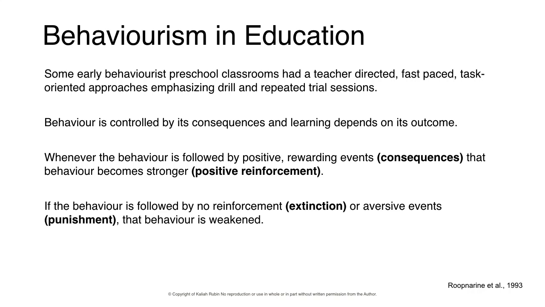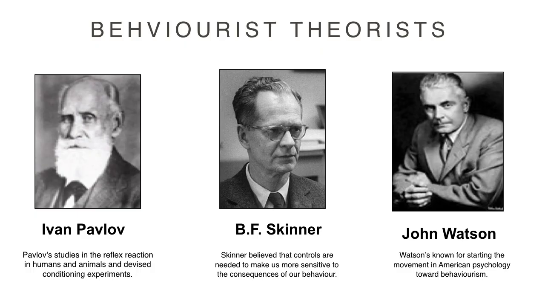And if it's followed by an adverse or a negative event, which could be perceived as punishment, then the behavior will weaken. Some of the theorists that we look at under that behaviorist approach are Ivan Pavlov, B.F. Skinner, and John Watson. The key and overarching idea of a behaviorist theory is that learning is shaped by environmental responses.